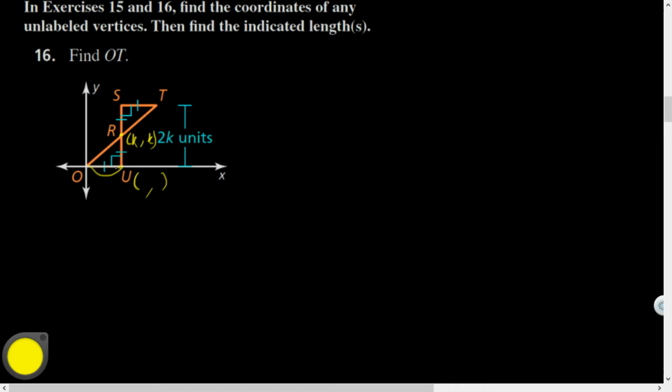How far over is it? K, 0. And S appears to be at K, 2K. T appears to be at K units over, so that's 2K, and K units, 2K. And then O, conveniently, 0, 0.